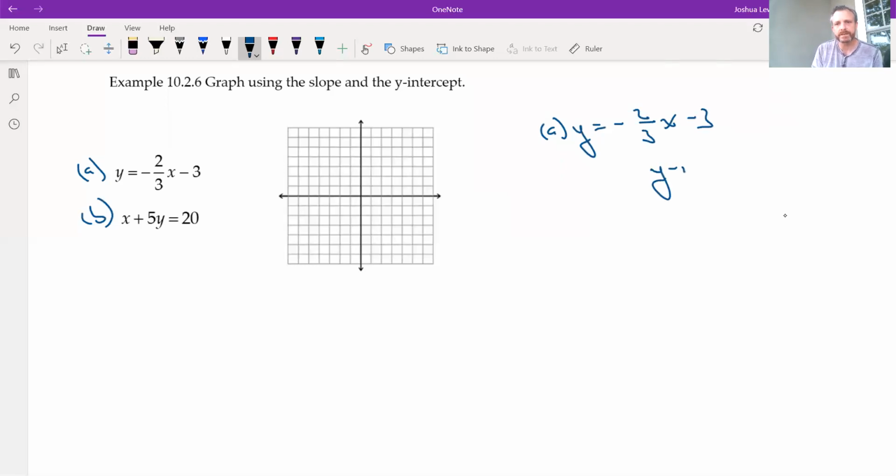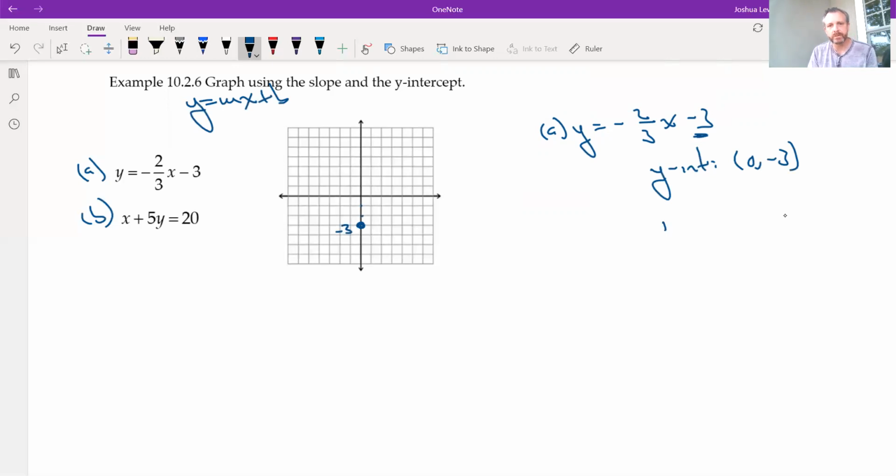So my y-intercept is (0, -3), right? That's the b in the form y equals mx plus b. So (0, -3), down 3. There's my y-intercept.